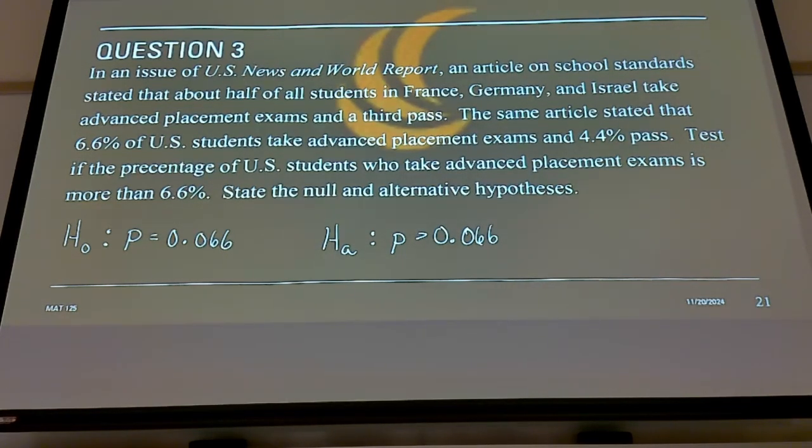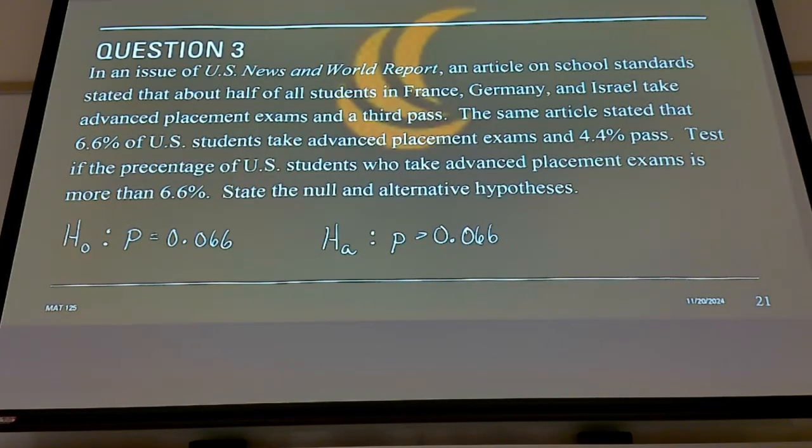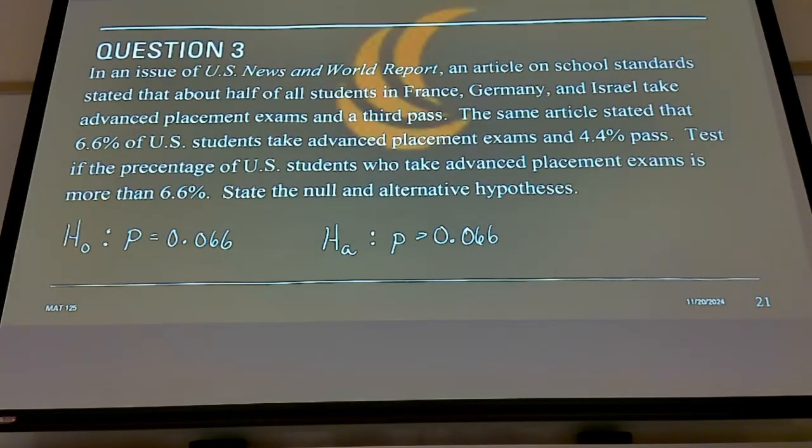Yeah, this one is p greater than 0.066. So the value for your null and your alternative will always be the same. All that's changing is the sign. Null always equals, alternative will either be not equals, less than, or greater than, depending on what you're trying to test.